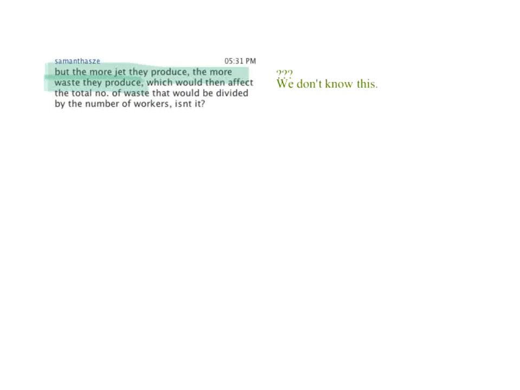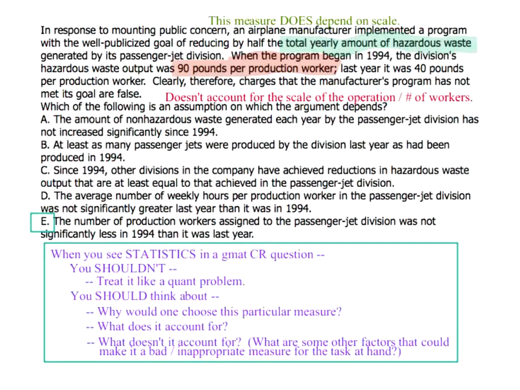So we don't know that. And even if you think there is some sort of connection there, it's definitely not as solid as the connection between these things and E, because the number of workers is the direct mathematical link between pounds per worker and total pounds. So there's no question which is more closely related.